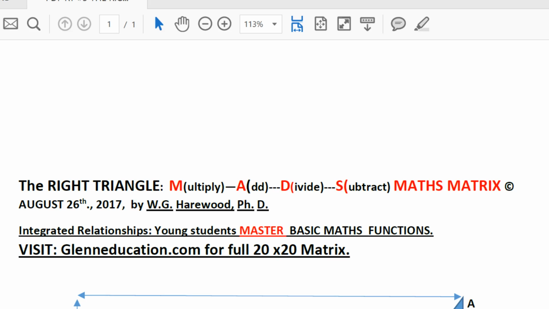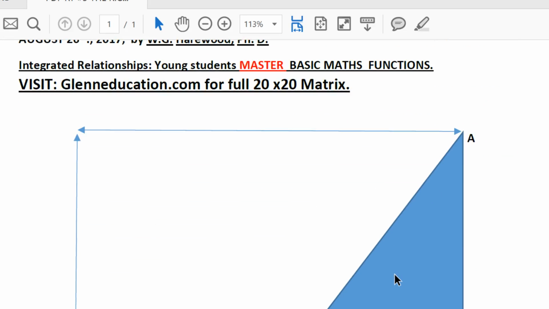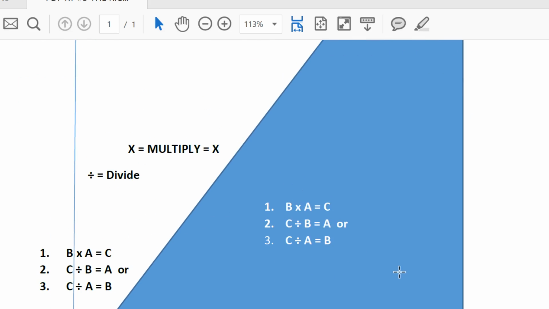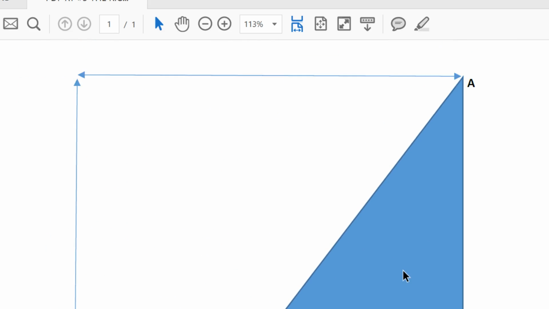Master the four skills by looking at this triangle, the right triangle.